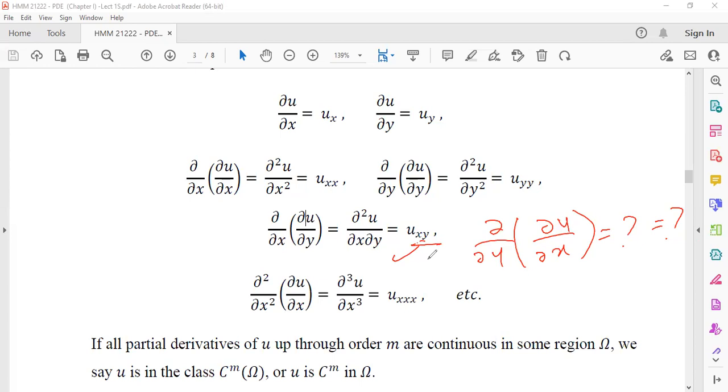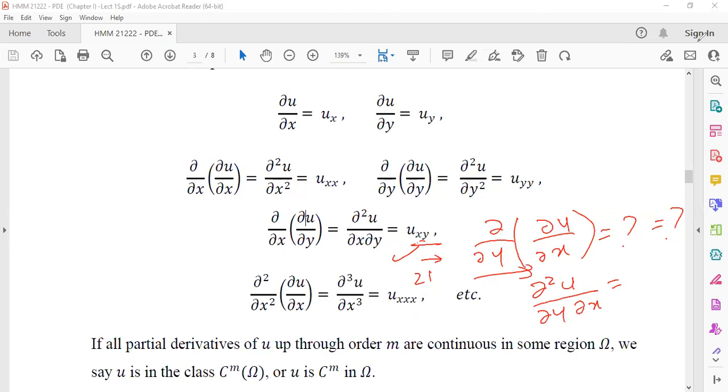So this will be in this order, 2, 1. So how will be the answer? Partial squared u over, what is here? It is pushing inside, no? So partial y over partial x. Yeah, let me see the answers. Okay, good, fine.